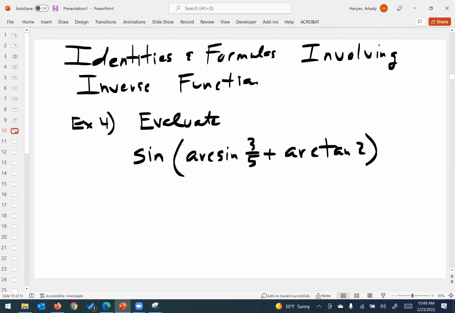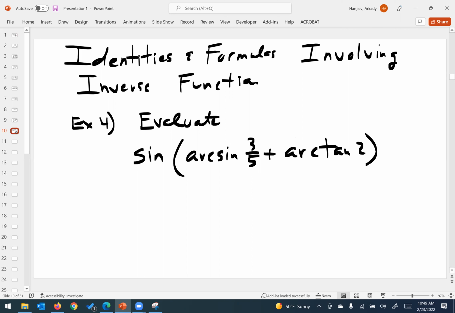Here's where we're stuck. If it was just arc sine of this, which we've done in the past, it would have been just fine. But what we have is a sum formula inside a trig function. It's always sine of all of that at the end. I don't even know where to start with that.